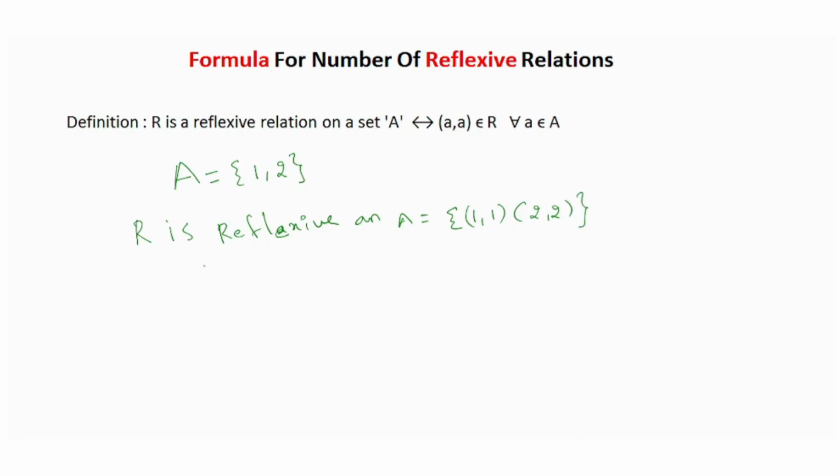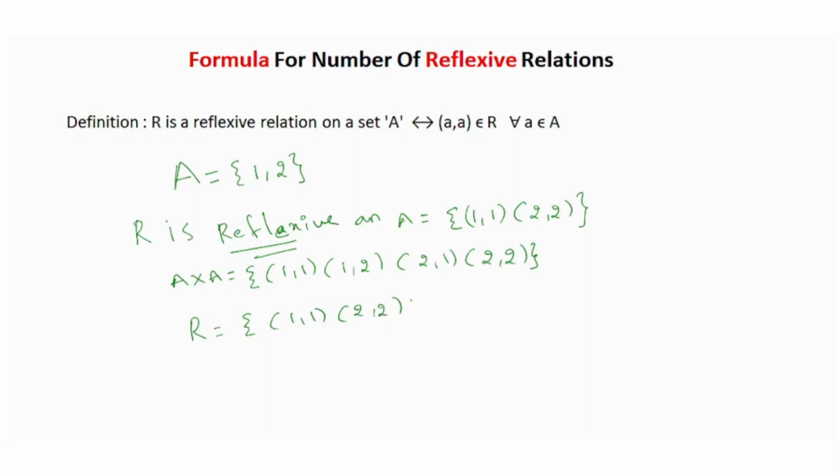See, suppose A contains 1, 2. A cross A, the Cartesian product, contains (1, 1), (1, 2), (2, 1), (2, 2). It contains 4 ordered pairs. Now if R is reflexive on A, it must contain (1, 1) and (2, 2).